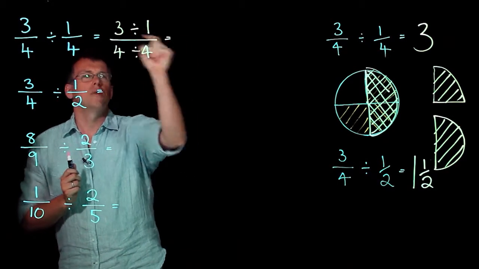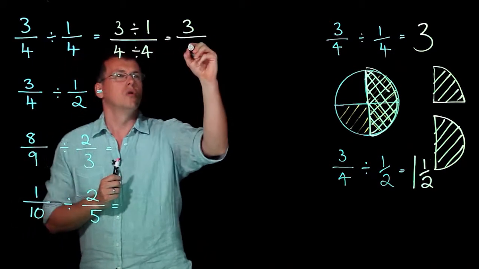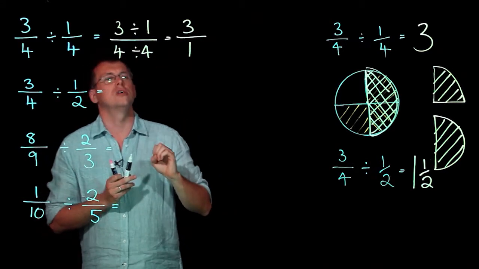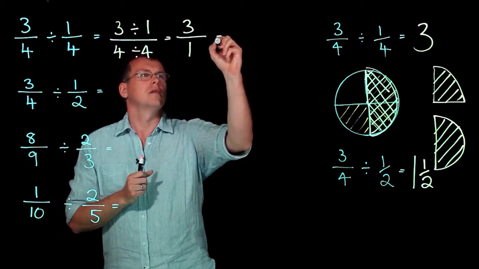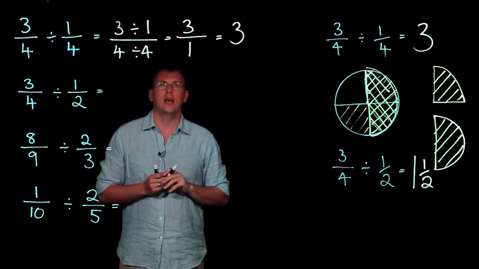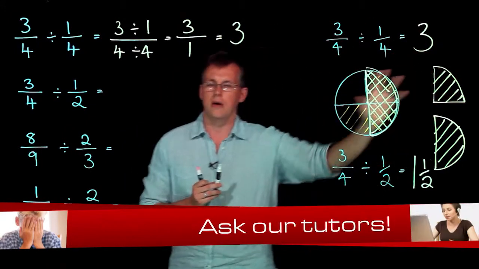How many 1s go into 3? 3 of them. How many 4s go into 4? Just 1. And a fraction over 1 is a whole number, which is the numerator, 3 in this case.